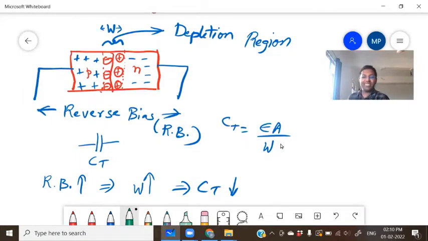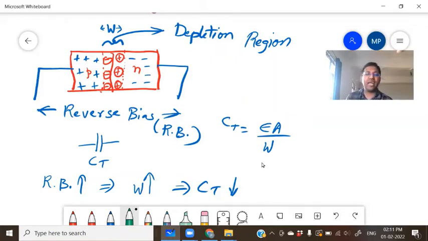The width of the depletion region is increasing, but according to this relation, CT is inversely proportional to the width of the depletion region. So when width increases, CT reduces. So when reverse voltage is increasing, the capacitance of the diode reduces.